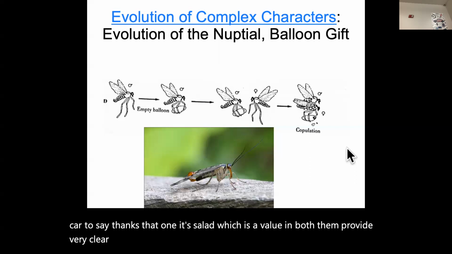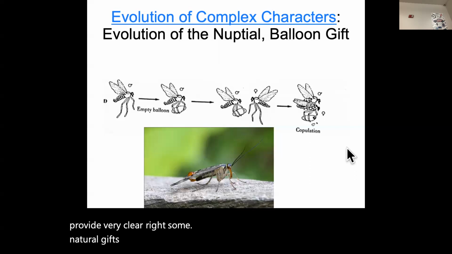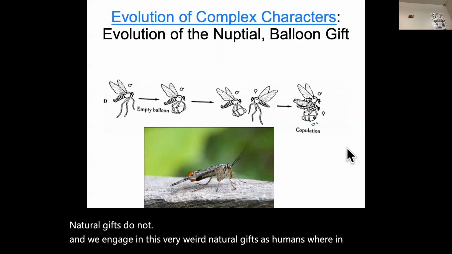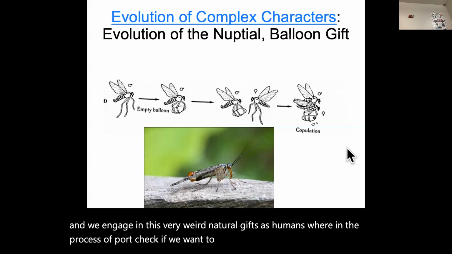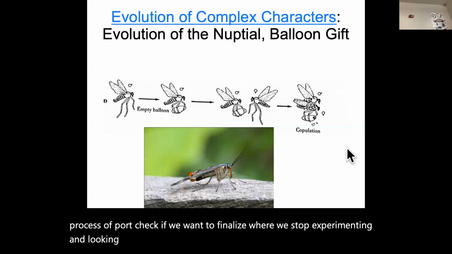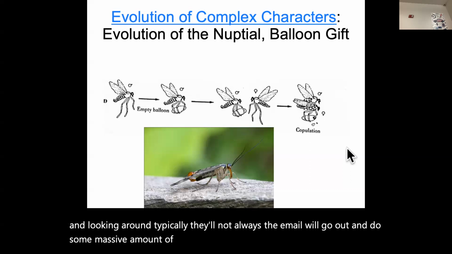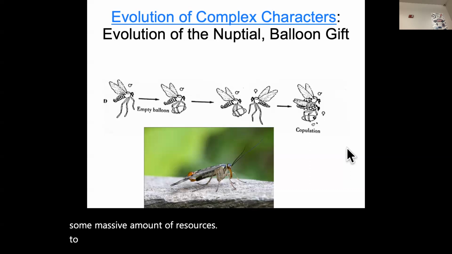Some nuptial gifts do not. And we engage in these very weird nuptial gifts as humans, where in the process of courtship, if we want to finalize courtship, when we stop experimenting and looking around, typically the male, not always the male, will go out and use a massive amount of resources to buy a rock and put it on a ring, a little loop, and then provide it as a gift.